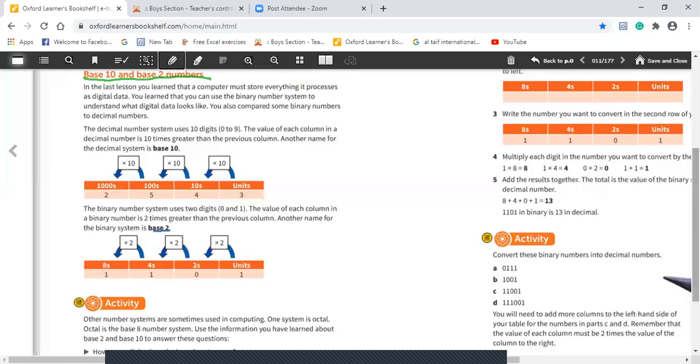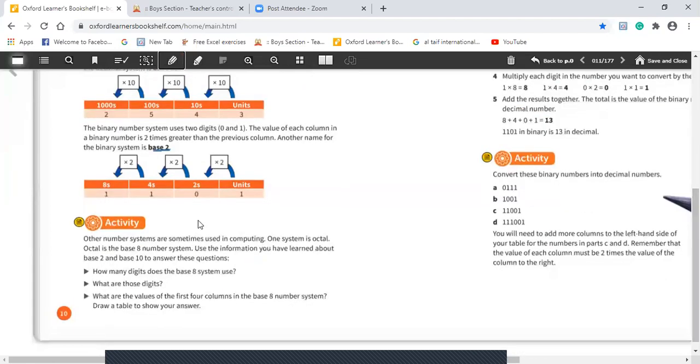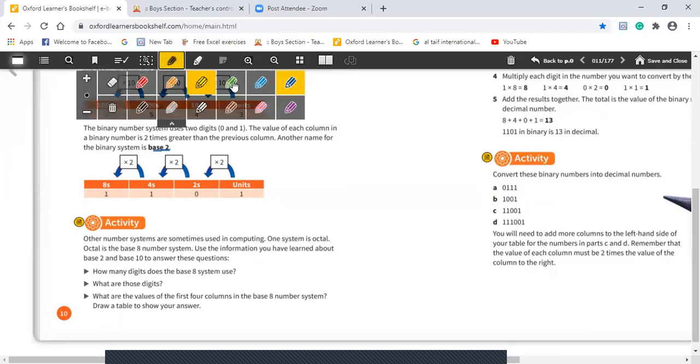Now over here, we have something called an octal number. The octal number is based on the 8 number system. That is the octal number.